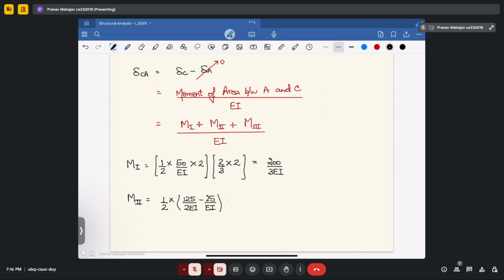Okay. Now you have to find the moment of this. It will be equal to 2 plus 2 by 3 of 2.